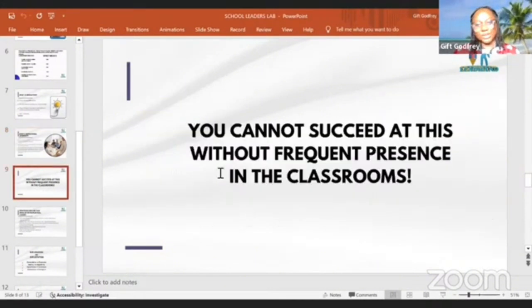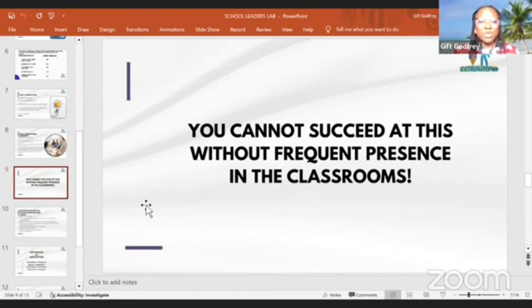All right, so let's go on. You cannot succeed at this without frequent presence in the classroom. There's a need for us to dust ourselves off and get into the classroom. According to research, I always quote research because it's evidence-based. According to research, powerful instructional leaders visit the classroom at least 2 times a week.